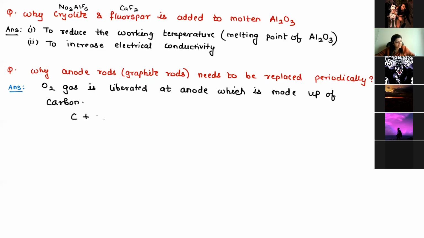So carbon reacting with oxygen can produce carbon dioxide, or carbon reacting with oxygen can also produce carbon monoxide. Because of this, the anode needs to be replaced periodically after every, let's say, few days or few hours, depending on how much electrolysis you are doing. So that needs to be replaced.